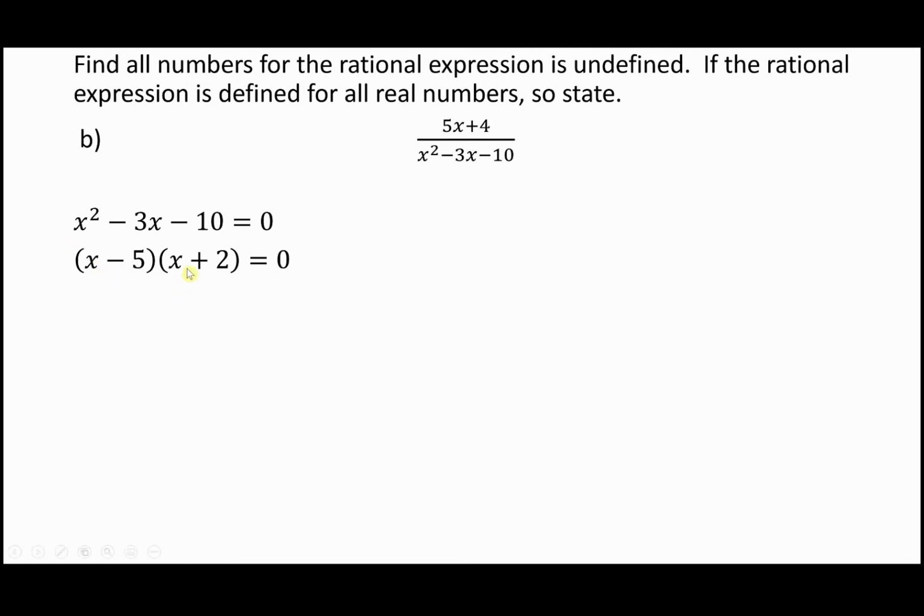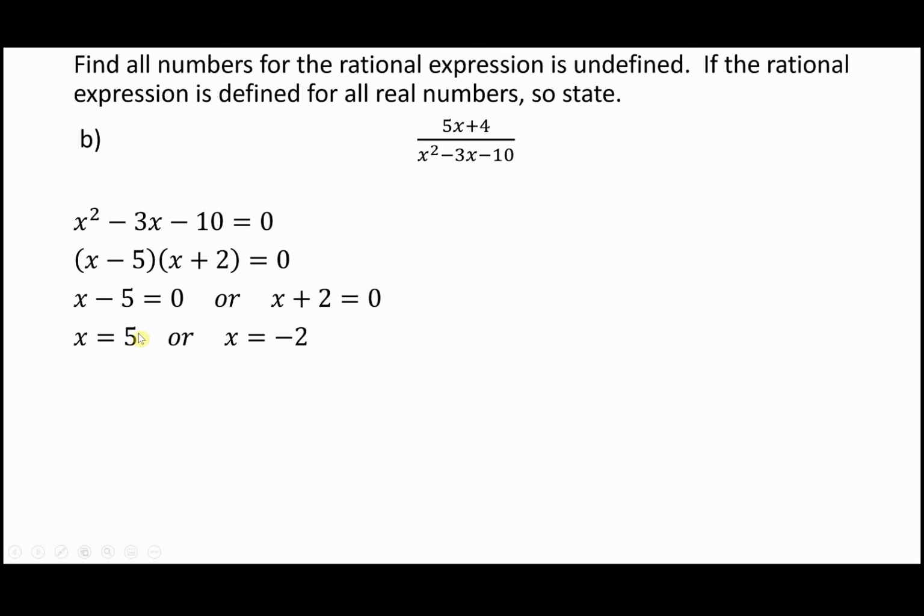And we'll want to solve this factored polynomial equation, in which case we consider the two cases of when this product would be 0. It's called the zero product principle, and that just says give each binomial factor its own equation set equal to 0, solve both simultaneously, and you will have that x equals either 5 or negative 2, in which case the denominator would be equal to 0.